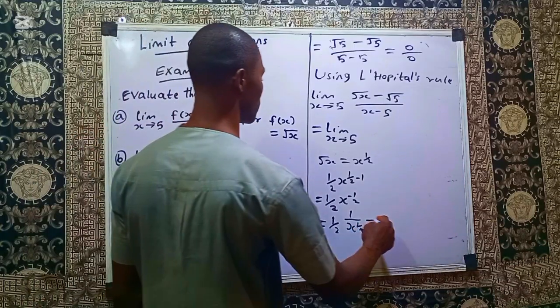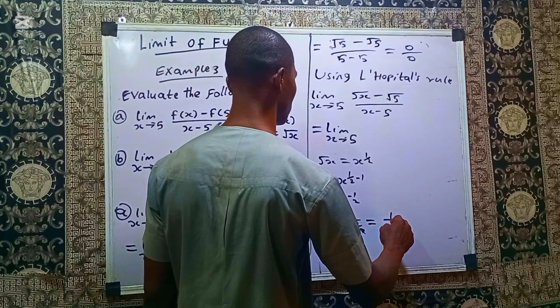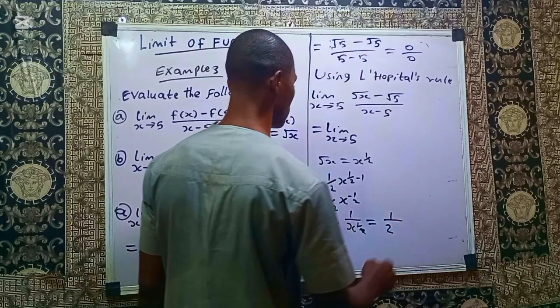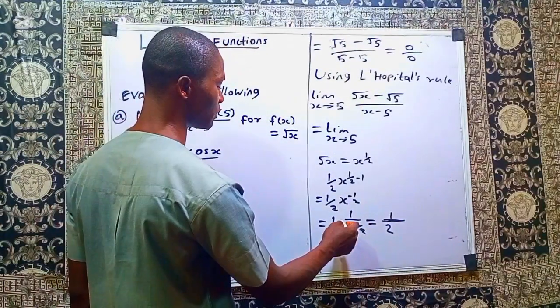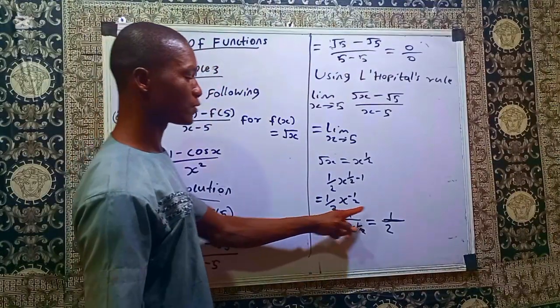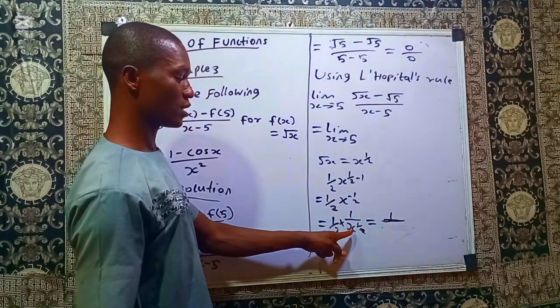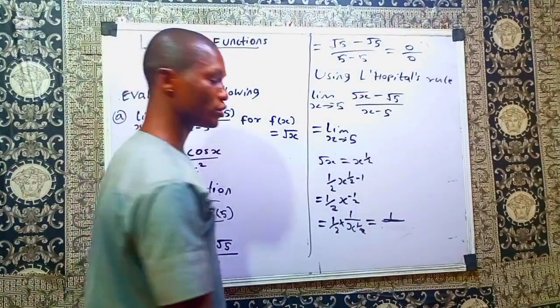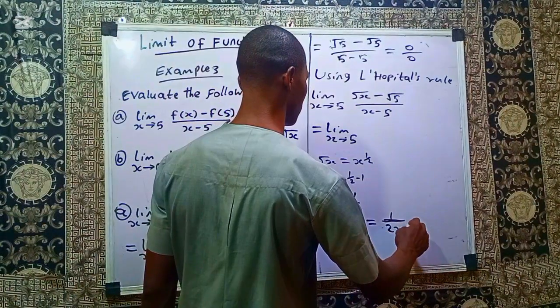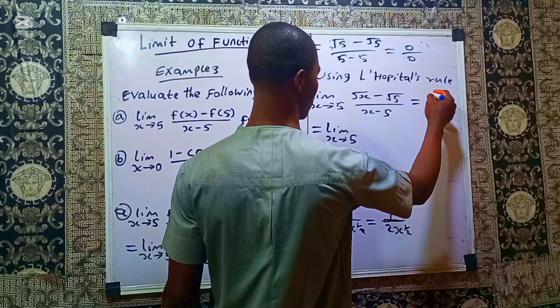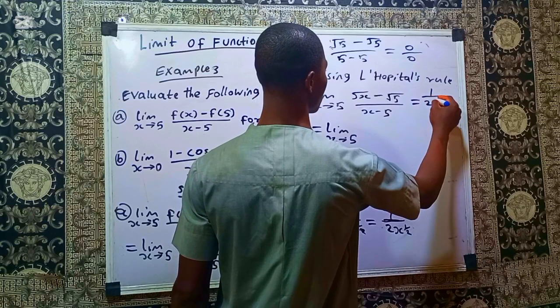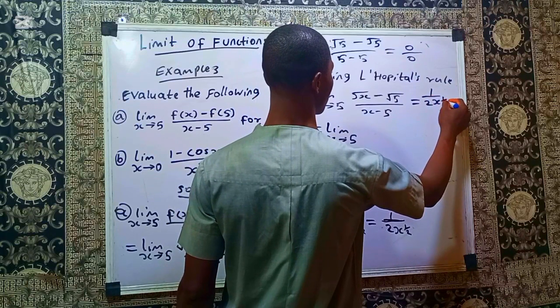Because we have multiplication here, 1 times 1 is 1, and 2 times x raised to power half will be 2 x raised to power half. So we have 1 over 2 x raised to power half.